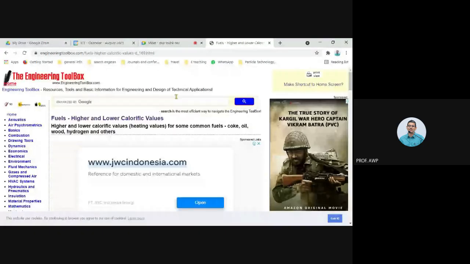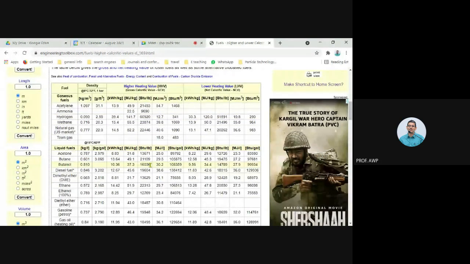And for calorific value, you just do a Google search. One of the hits you will get is this Engineering Toolbox, which has large data on many things. Are you able to see? Yes, sir. So you look at the lower calorific value.